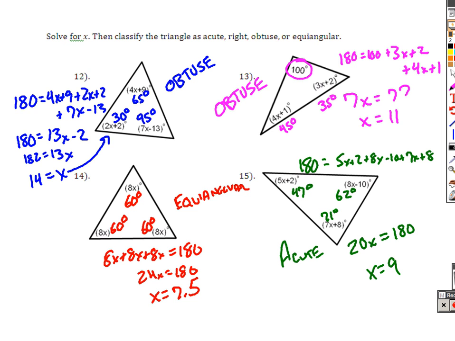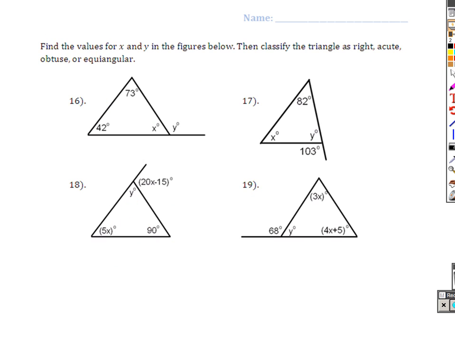Okay, move on to page number 2. Now we're doing the exterior angle theorem. You might still use a little bit of your regular triangle sum theorem. You can do that immediately for number 1 if you wanted to, but it's a little bit easier with the exterior angle theorem. Y is the exterior angle, so it's the sum of the two remote interior angles.